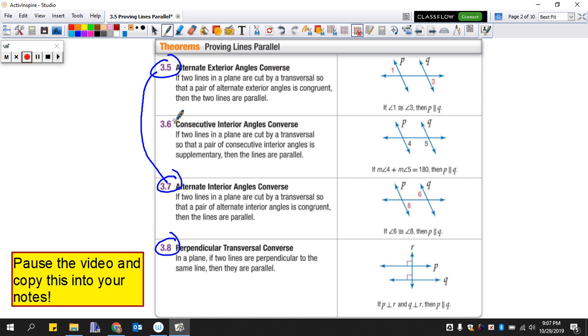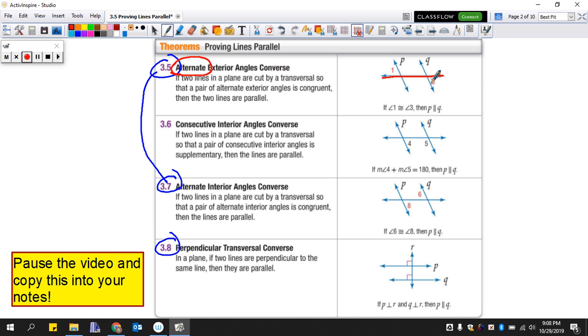Just to refresh your memory a little bit, remember that alternate means that they're on opposite sides of the transversal. So in this little drawing here, P and Q are the parallel lines. This red line here, or blue originally, is the transversal, and angle 1 is above it, angle 3 is below it.